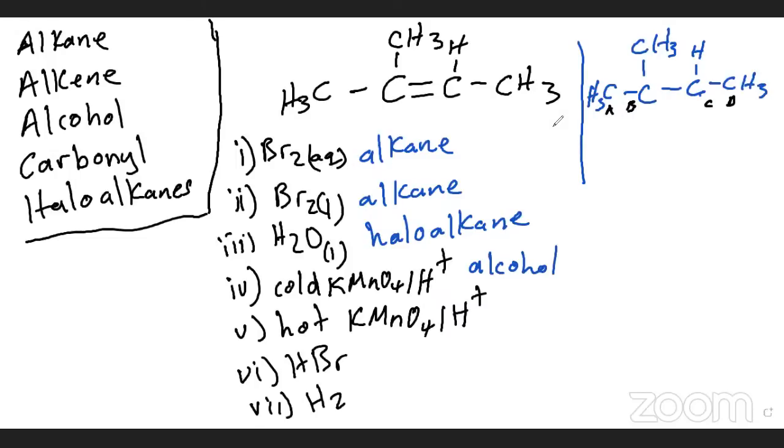Every time I react an alkene with one of these, I must be adding 2 things to the alkene. So when it is aqueous bromine, what am I adding to the carbons of the double bond? Br and OH, correct.